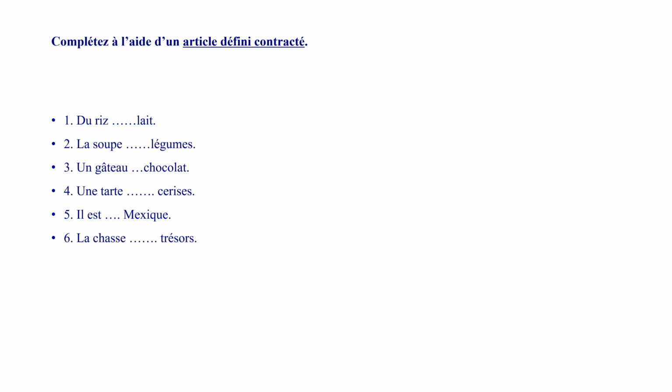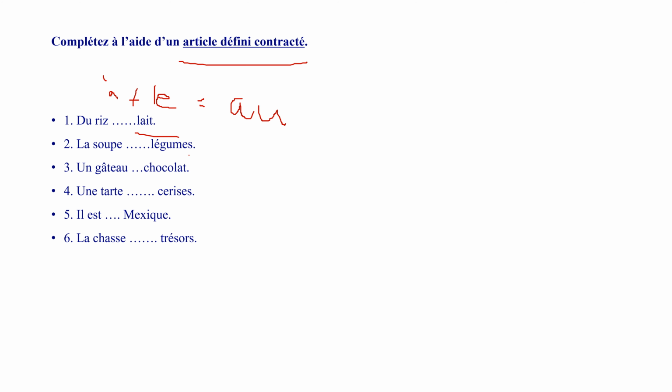So let's do this one together with an article défini contracté. Du riz, ensuite les. So we know that le, c'est masculin. Okay? So it would be a préposition plus le. What would you get? Du riz, à plus le gives you AU.